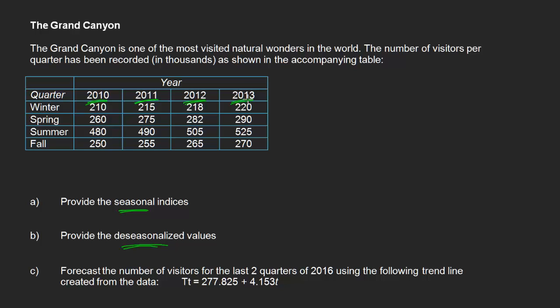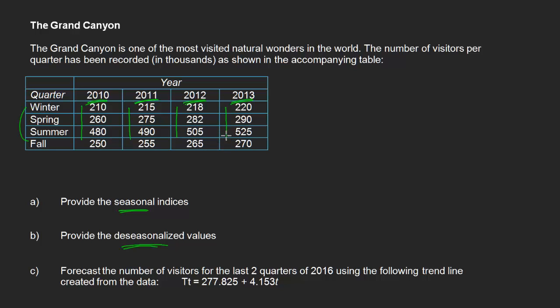That makes it a time series, but for it to be seasonal data, I have to have, within each one of my larger time periods, a repeating pattern of smaller time periods. So winter, spring, summer, fall, that happens in the first year, and then it gets repeated in the second year, it gets repeated in the third, and it gets repeated in the fourth year.